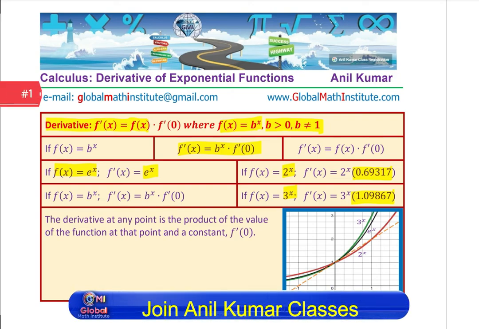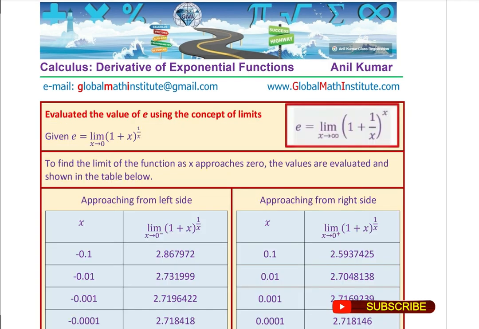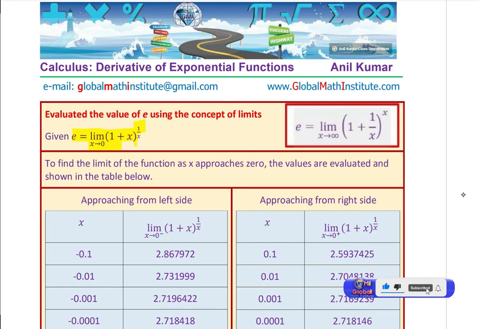Perfect. So that is where we are going to end this particular lesson. In our previous video, we did explore and found the value of e. Now here is the result of that. In our earlier video, we found that e is defined as the limit of 1 plus x to the power of 1 over x.